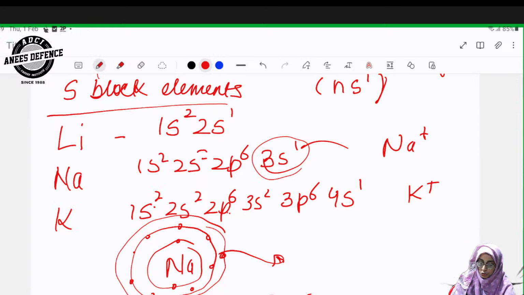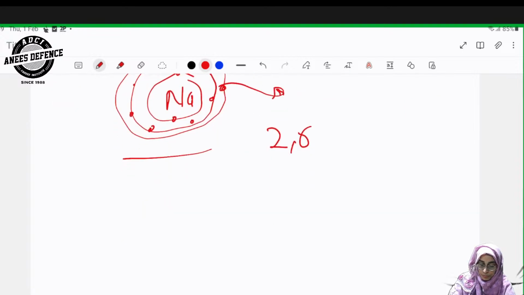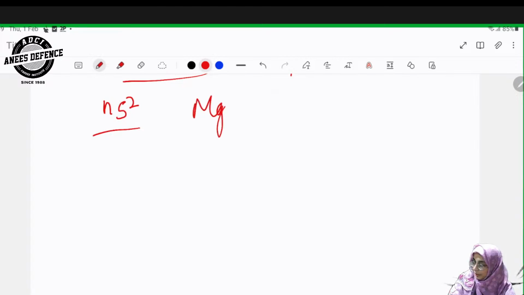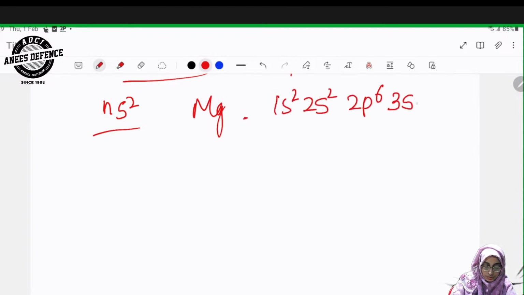Group 2 is ns2, elements with the configuration ns2. For example, magnesium. What is the configuration? 1s2, 2s2, 2p6, 3s2.